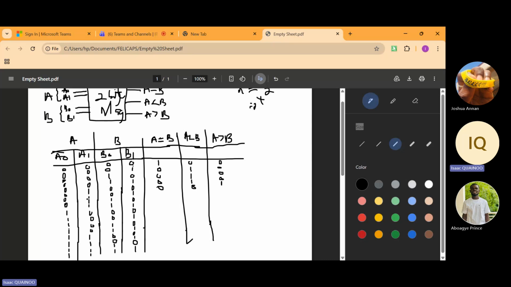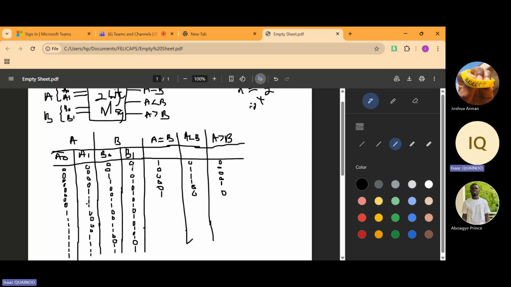So we are at 0, 1, and then 0, 1. So 0, 1 and 0, 1, are they going to be equal, lesser, or greater? Equal. Yeah, so we are going to put 1 at equality, and the rest will take 0.